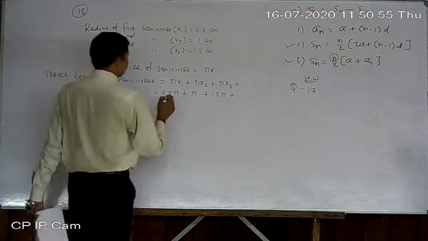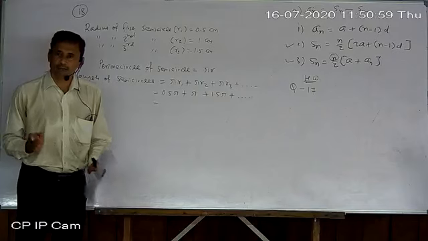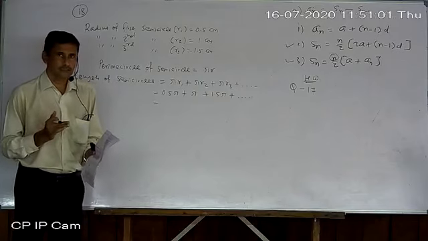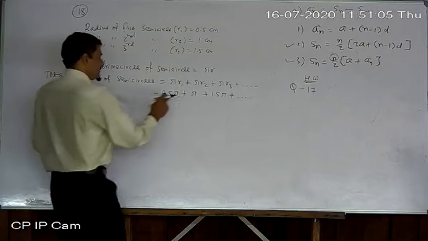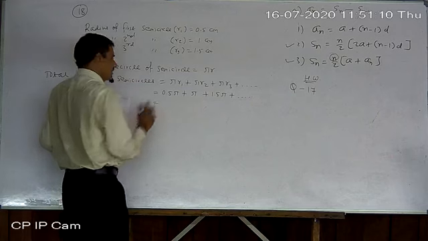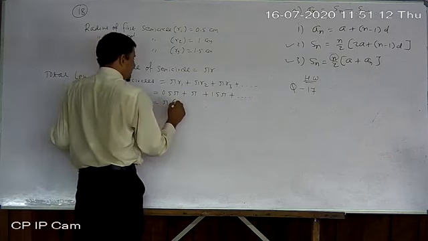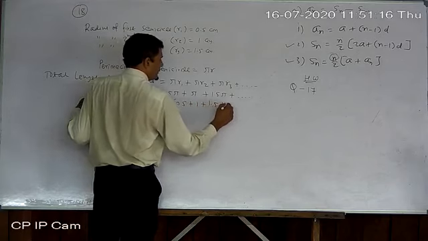Now take pi common. Without taking pi common you can also get the answer, but if we take pi common, it will be quite easier. So now pi is common: 0.5 plus 1 plus 1.5, like this.